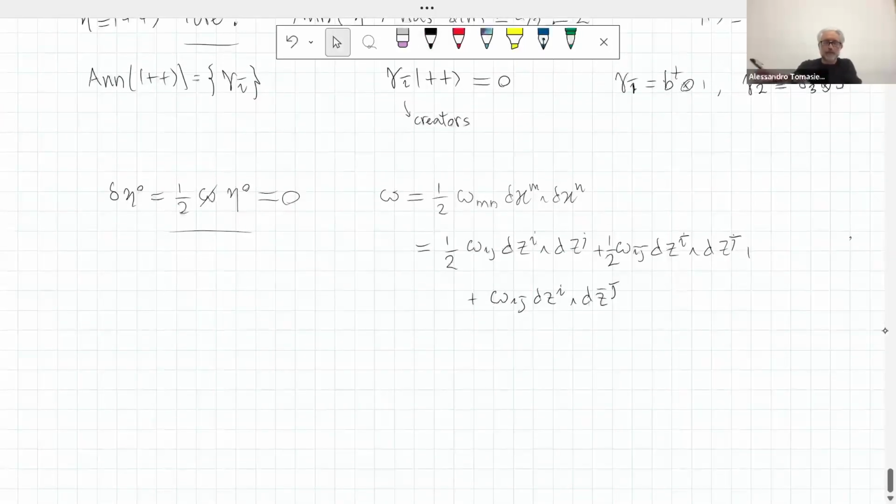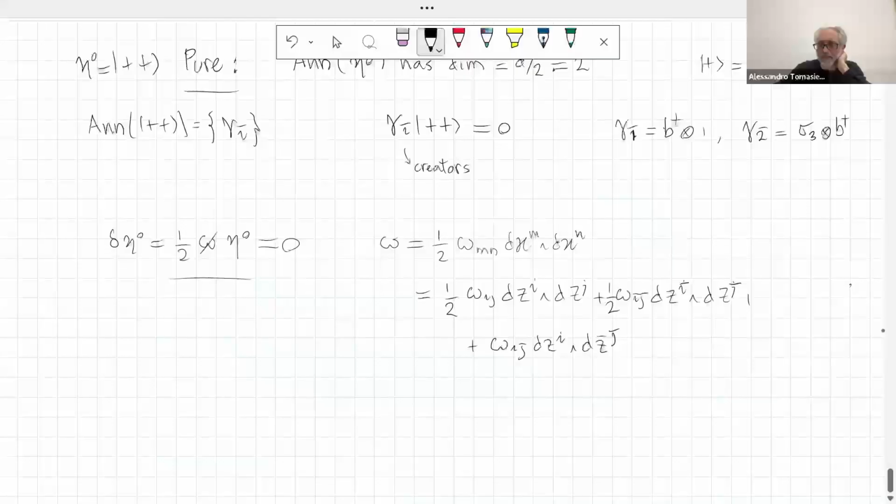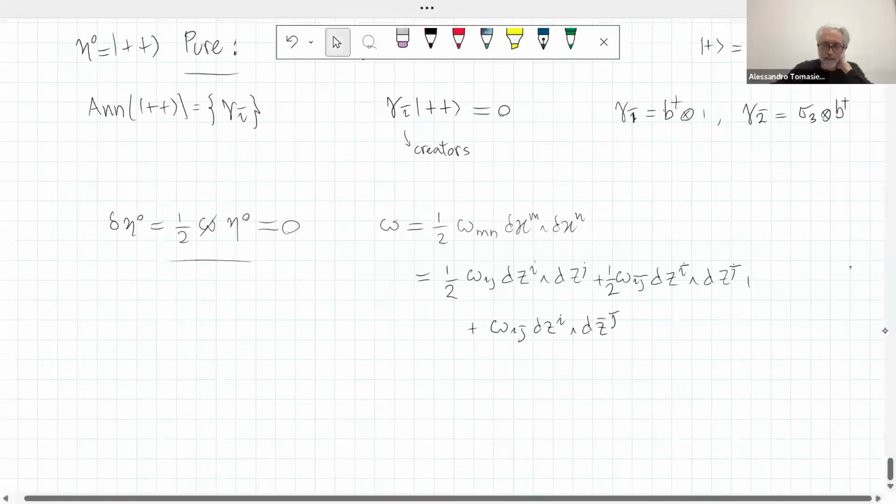Okay, so we can now, why do I do this? Because I know the gamma matrices are easier in this basis when written in complex coordinates.